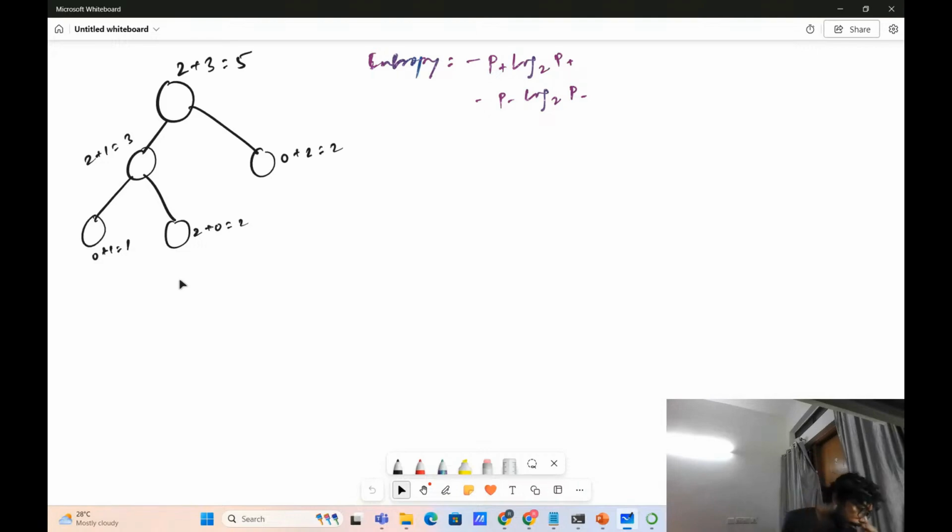Okay. And let's write down the formula for gain as well. So if you are trying to calculate gain of, I'll explain this later. Sorry, is there a question?